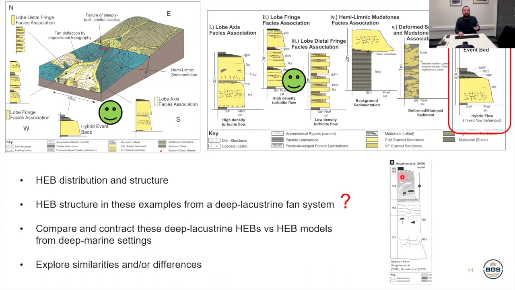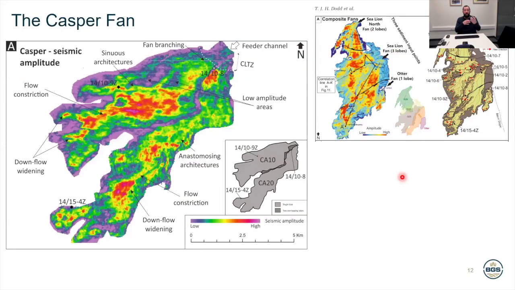And I think in the examples I'm going to show you today, we can show that there is internal structure within deep lacustrine HEBs, within the H3 unit. Whether that carries through to marine systems or not is the next step of the workflow. That will be a bit more work to compare and contrast the deep lacustrine models versus the deep marine models and explore the similarities and differences.